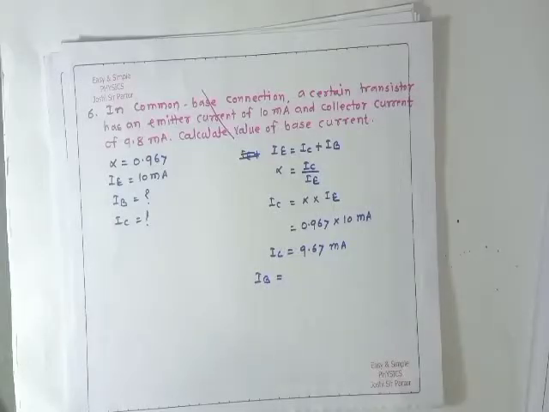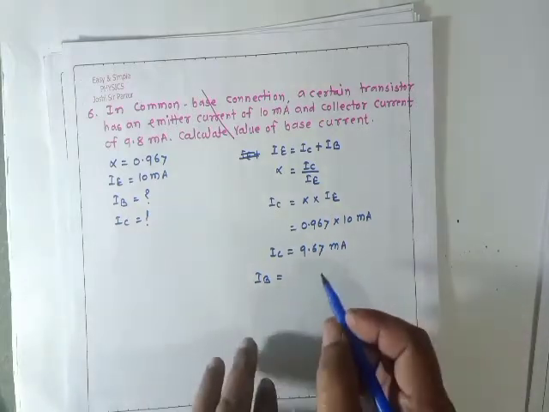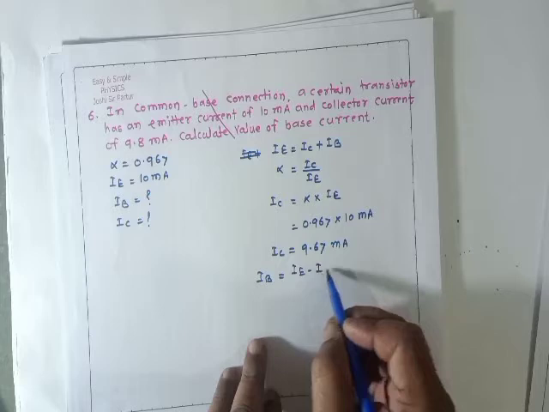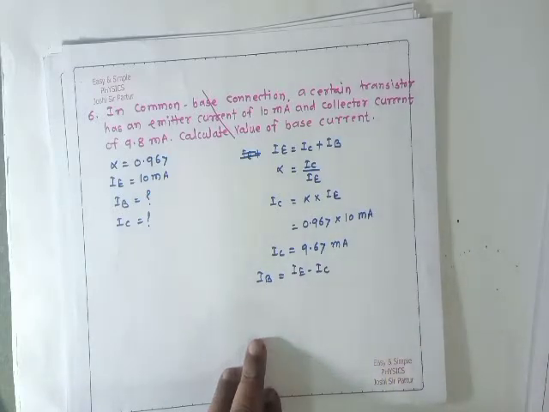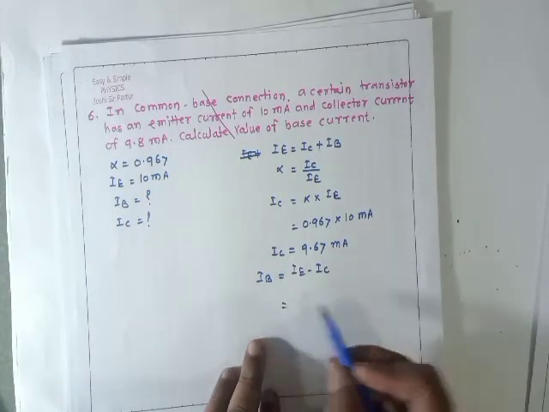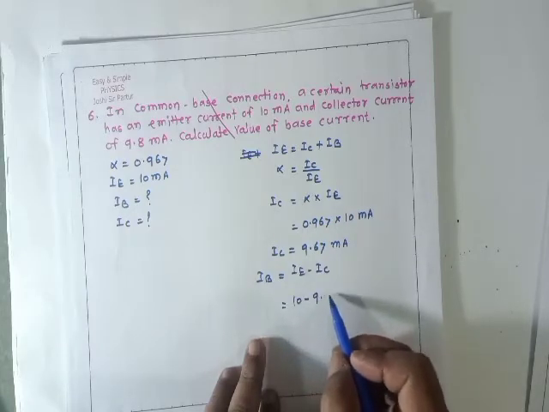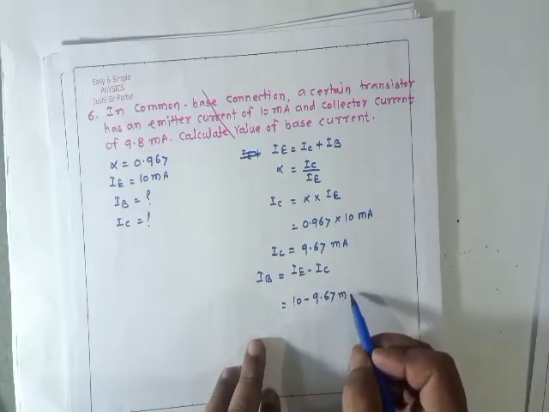So base current is equal to emitter current minus collector current, which is 10 minus 9.67 milliampere.